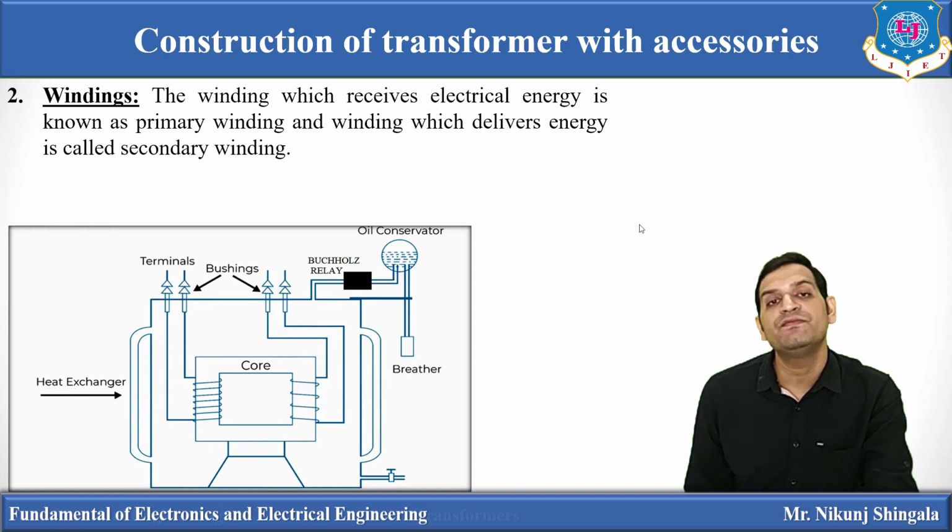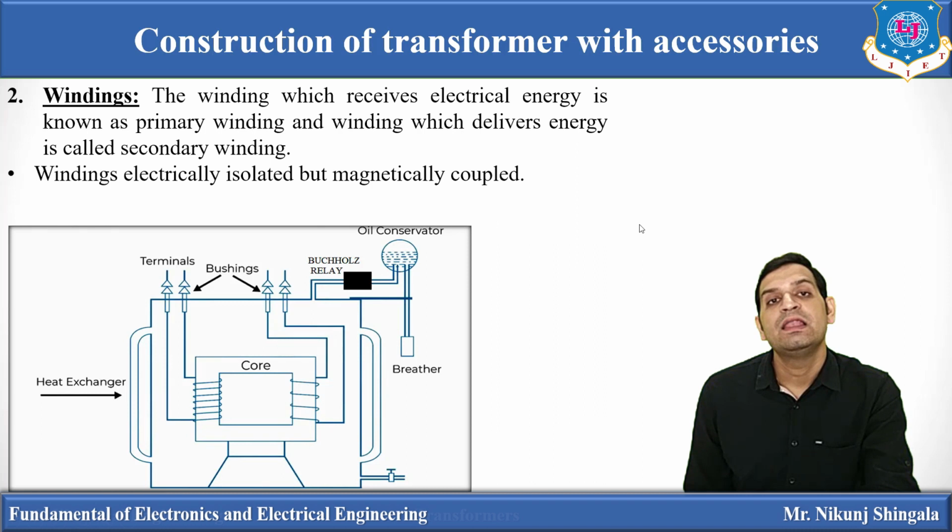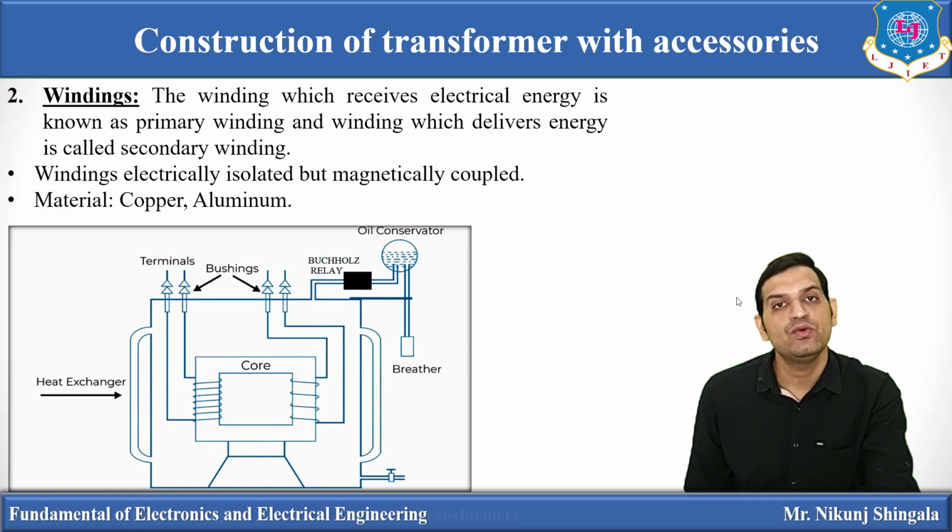Windings are basically made up of materials like copper or aluminum, which have low resistance. Windings are electrically isolated but magnetically coupled. This tank consists of oil. The oil is the medium to provide insulation between windings and core. Next, the material, as I told you, is copper or aluminum.